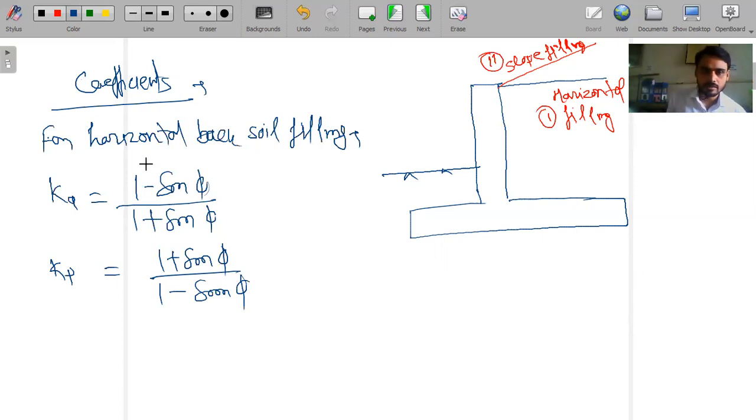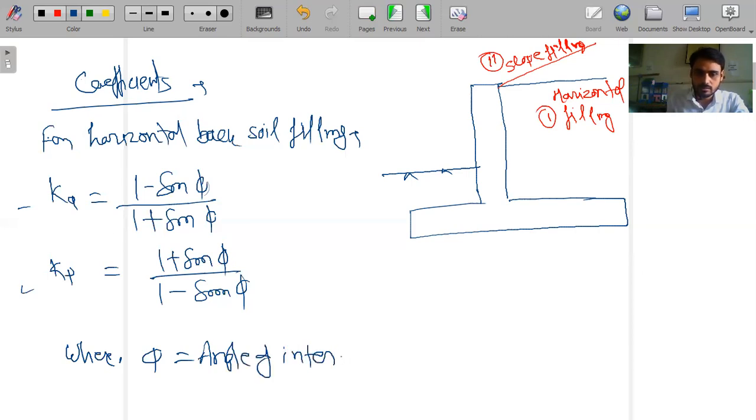So if we have done the horizontal back soil filling, in that situation we can calculate the coefficient of earth pressure by using that formula. Here the phi is a new term, where phi is angle of internal friction, or we can also call it angle of repose, for soil.